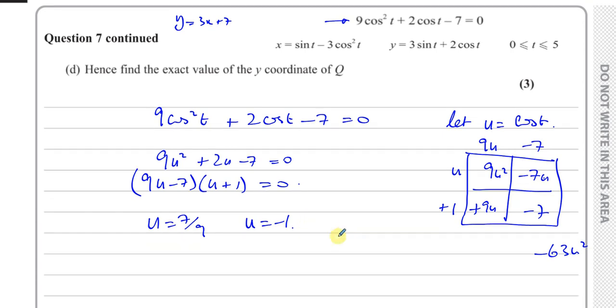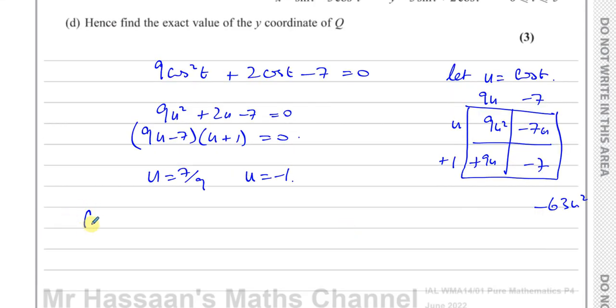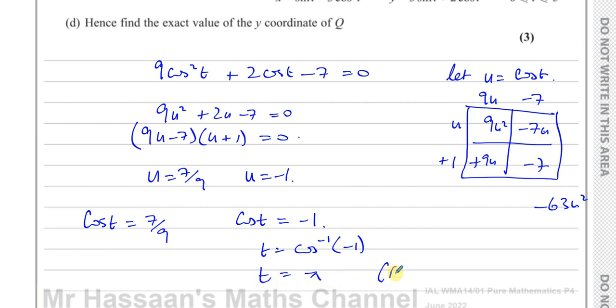So what we can say now is cosine t is equal to 7 over 9, and cosine t is equal to negative 1. If I solve this equation, I say t equals inverse cosine of negative 1. So t is going to be pi, and that's the coordinates of P.